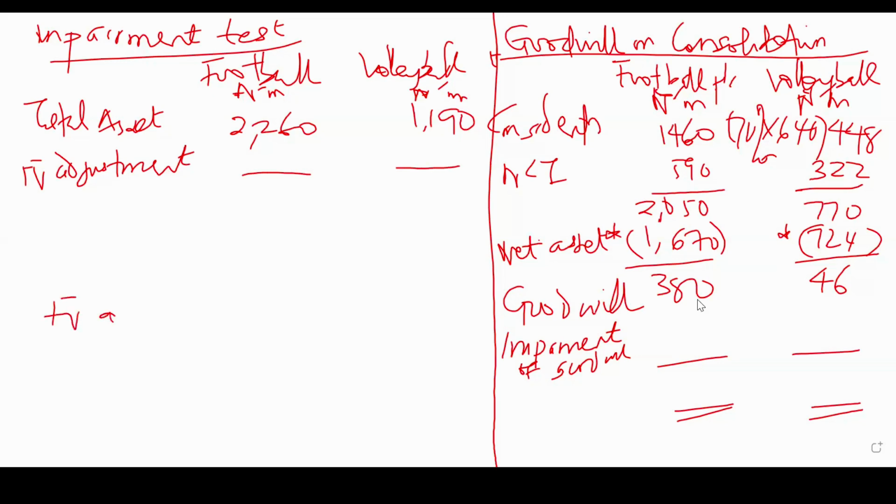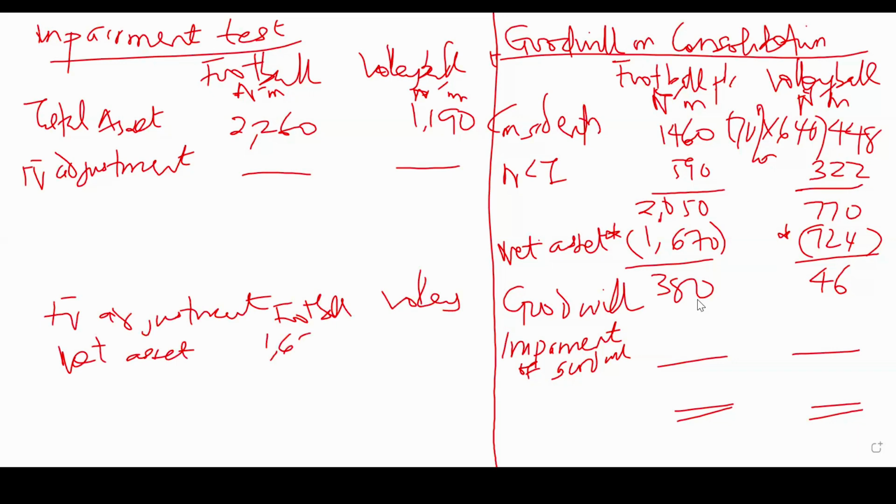Fair value adjustments. The net assets for Football PLC and then Volleyball. Football PLC net asset was 1,670. Volleyball was 724 naira million.